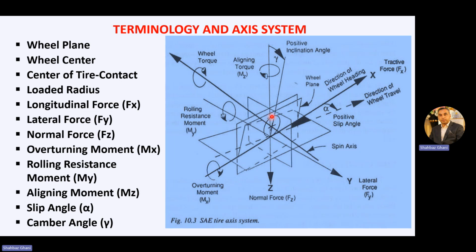First, let's draw this tire. We have drawn this tire, then we'll make its center. We have drawn the center. Now draw the planes, the wheel plane or the tire's plane. The normal plane is like this. We draw it like this.